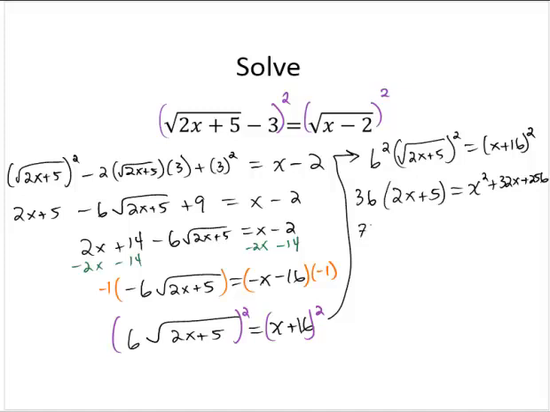So that's 72x plus 180 is x squared plus 32x plus 256. Now, subtract the 72x, subtract the 180, and so then we have 0 is x squared minus 40x plus, let's see, that would be 76.